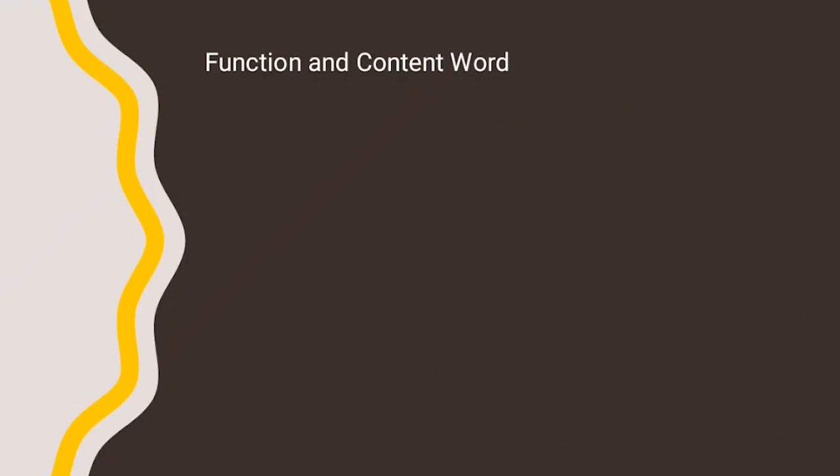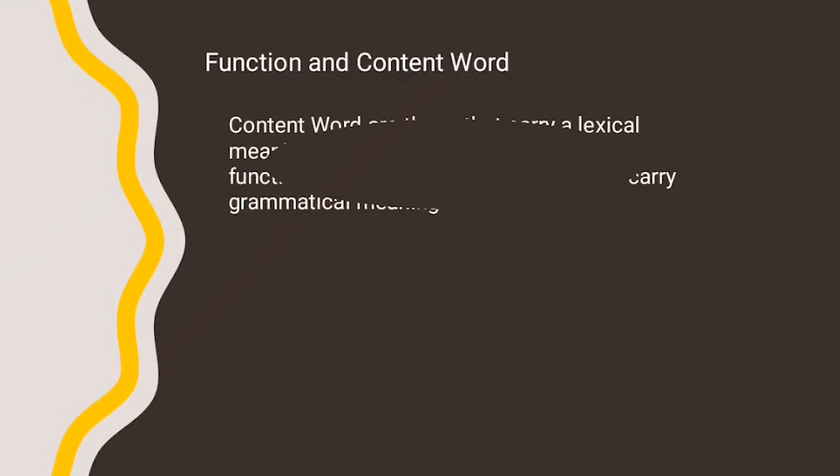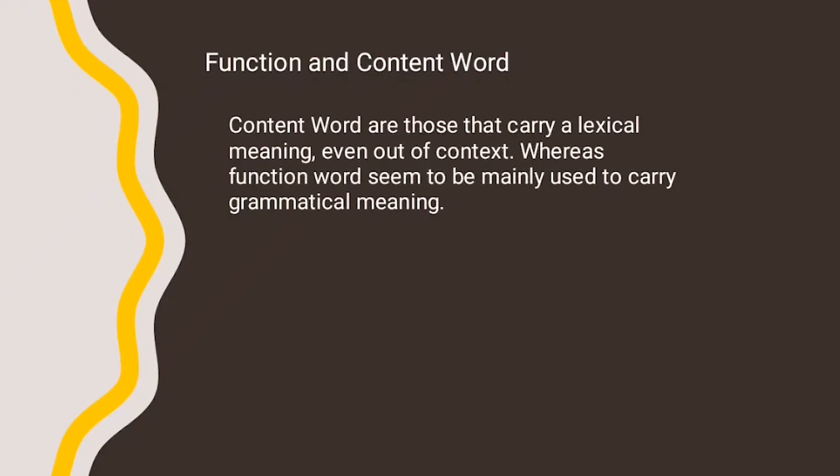Words are split roughly into two groups according to how they are used to construct the sentence. Content words are those that carry lexical meaning even out of context, whereas function words seem to be mainly used to carry grammatical meaning.